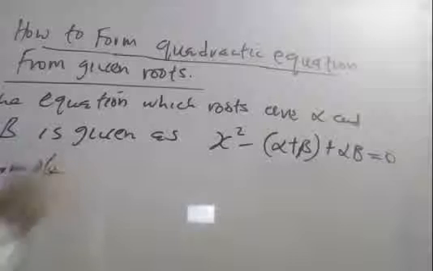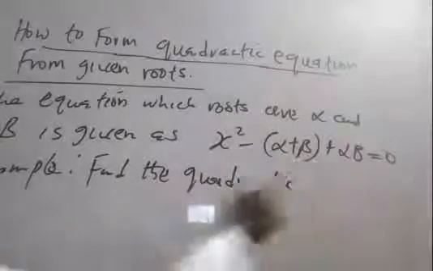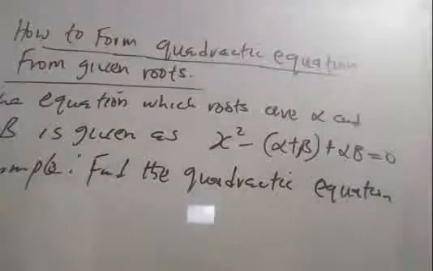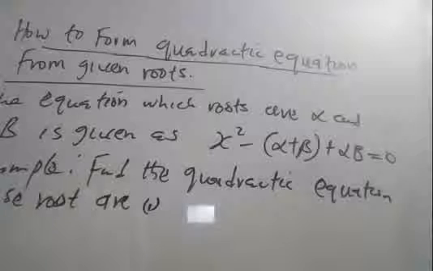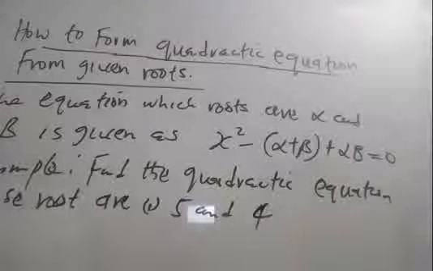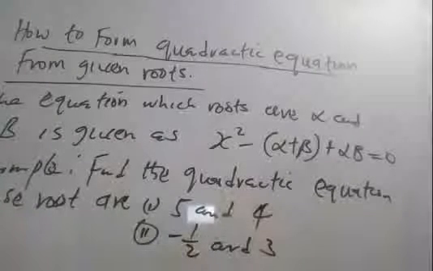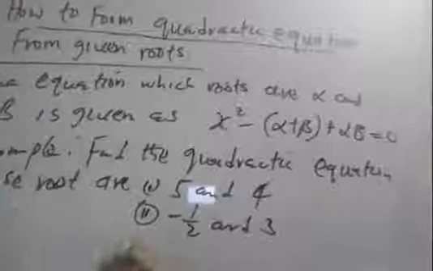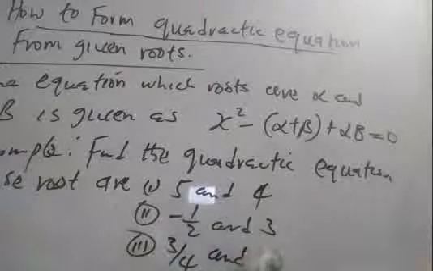Example: find the quadratic equation whose roots are: 1, 4 and 5; 2, minus 1 over 2 and 3; and finally 4, 3 over 4 and minus 2 over 3.